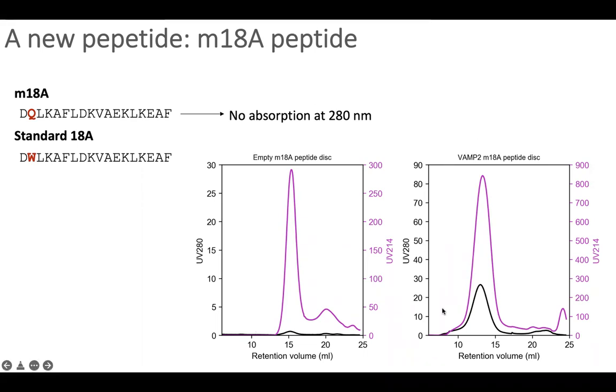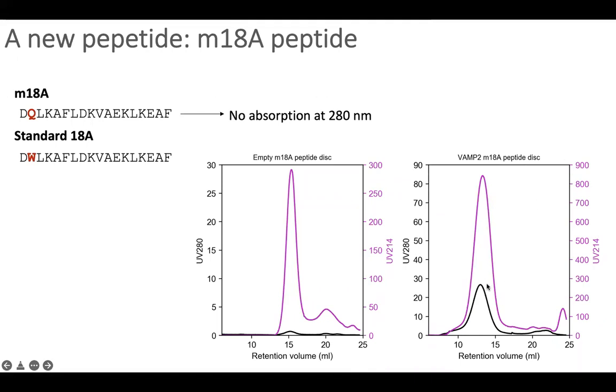So during our size exclusion purification of the peptide disk, we can see that the pure peptide disks, so those made just of lipids, only absorb at 214. Whereas when we have also a membrane protein incorporated, we can follow the peptide, monitoring the 214 absorption, and follow just the membrane protein with the 280 absorption.